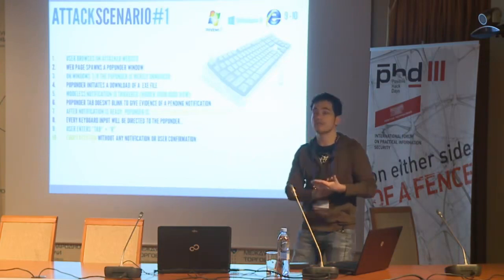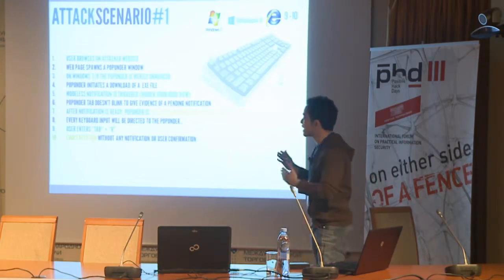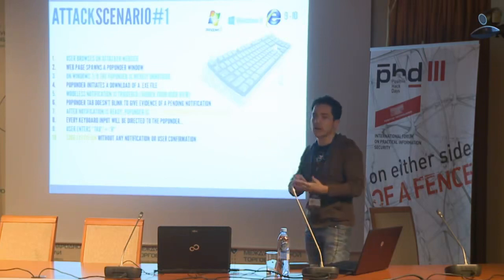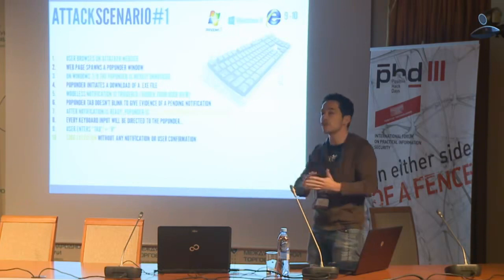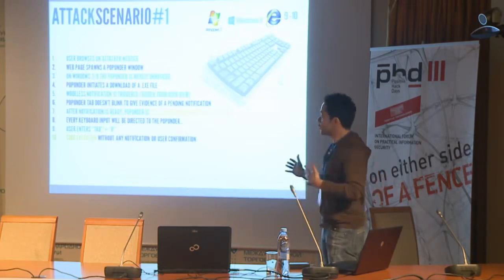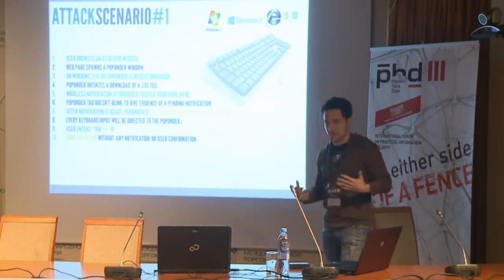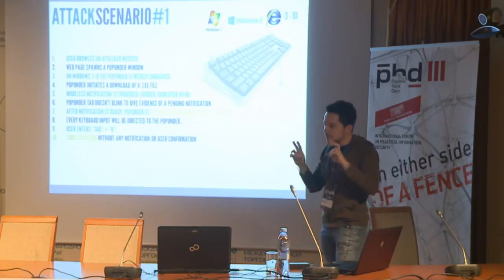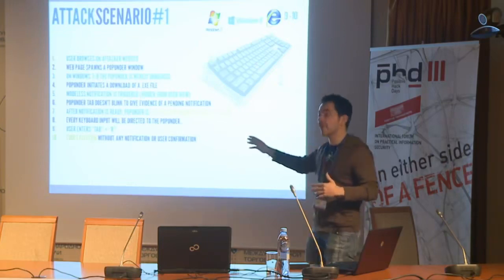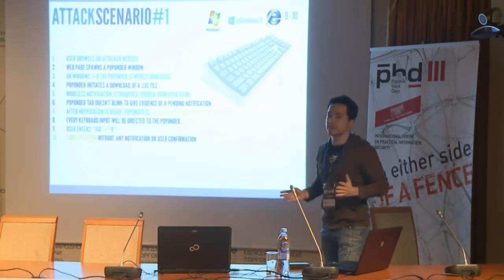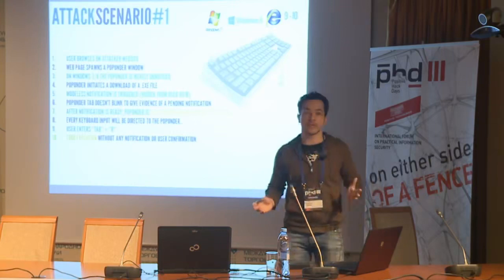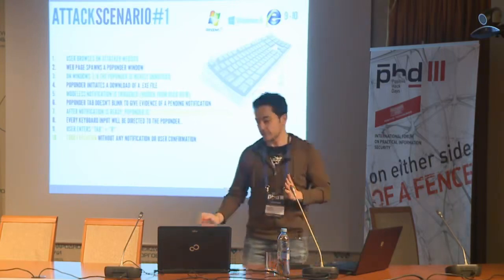It is the window in focus. So this means that every keyboard input that you type on your keyboard will be directed to the window in focus, so to the pop-under, and not to the foreground window. So if you're able to trick your victim to type some sensitive keys, for instance, Tab and then R, you can get code execution without any notification or any user confirmation. Let's see how it works.